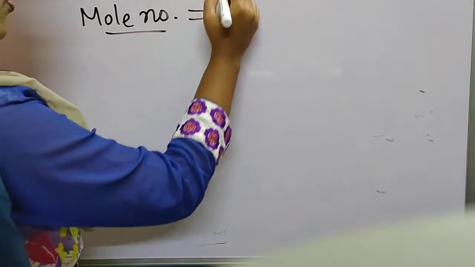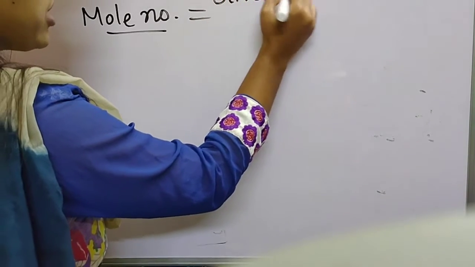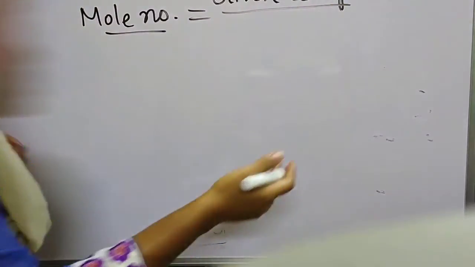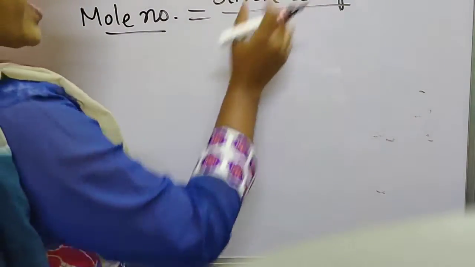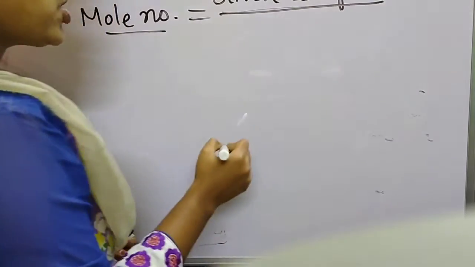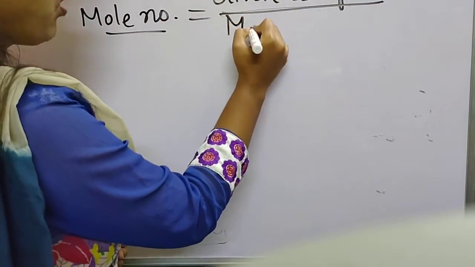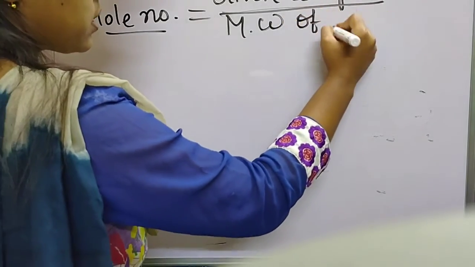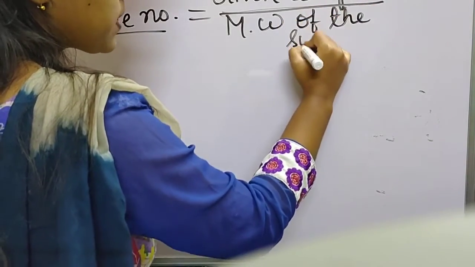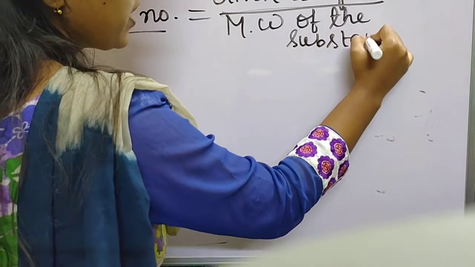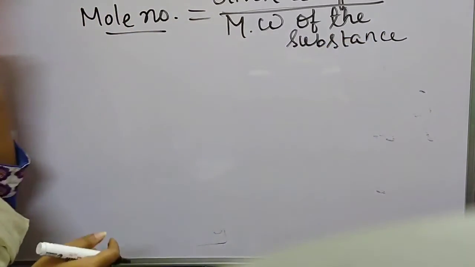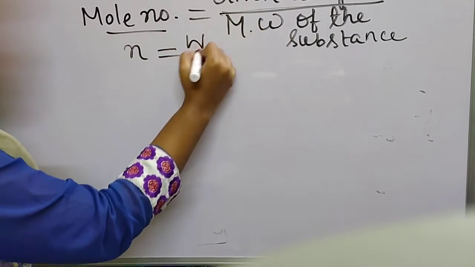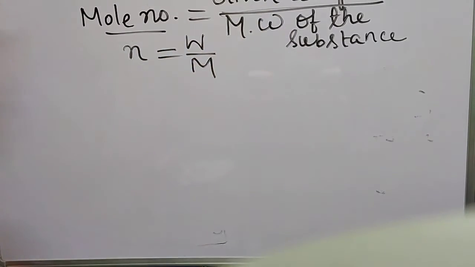Mole number is equal to given weight, the weight given in the question for any substance, as the numerator, and in the denominator you write the molecular weight MW or only M of that same substance. This way you can calculate the mole number of the substance. Mole number is denoted by small m, weight by W, and molecular weight by capital M.